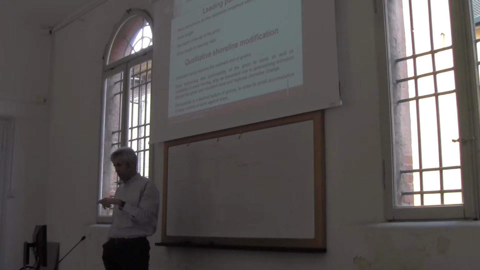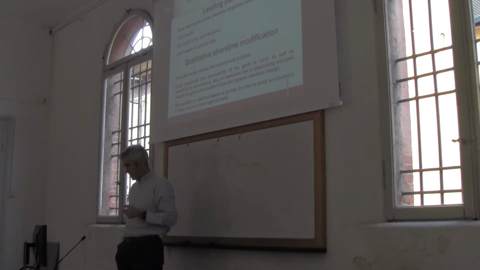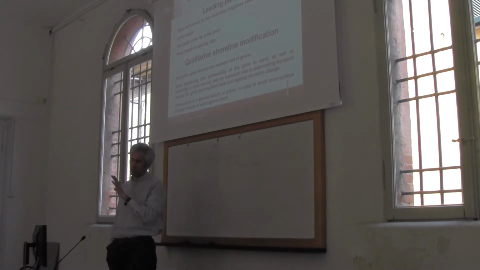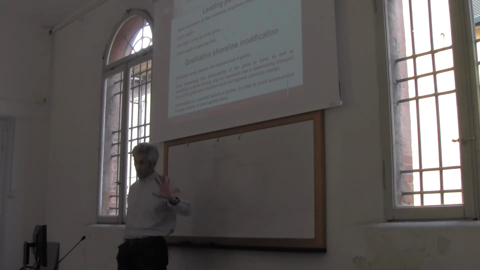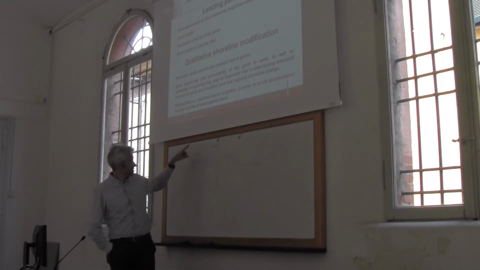And also we have to design the groin length and height. And keep in mind that another leading parameter is... leading parameters of what? Sorry, not for the design. Leading parameters for the final configuration of the beach. So what determines this final shoreline shape?